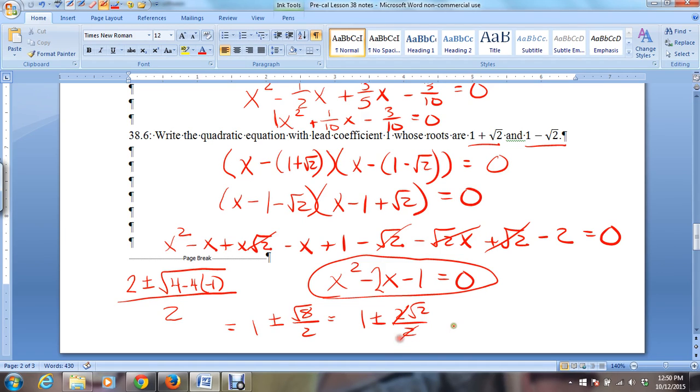The 2's cancel, so it's 1 plus or minus the square root of 2. So we created this equation given the roots that we wanted. We just used the zero factor theorem to say that x minus one of the roots times x minus the other root is going to equal 0. It's just the opposite of factoring a quadratic. You're starting with the roots and you're going backwards.